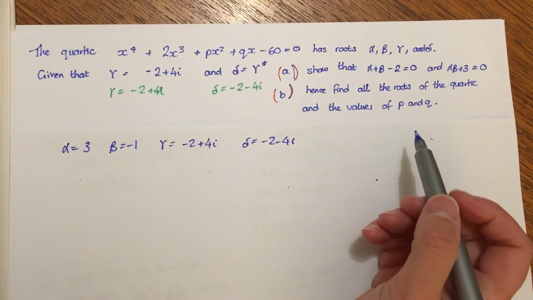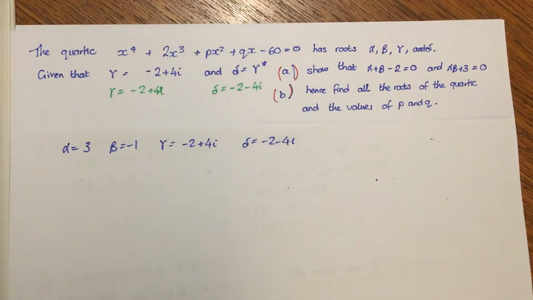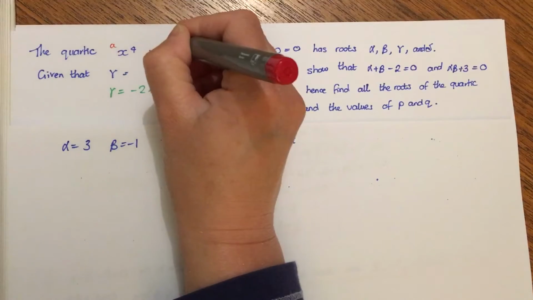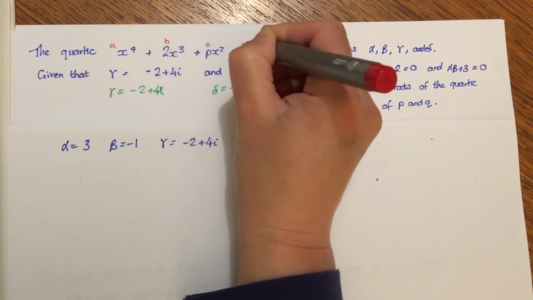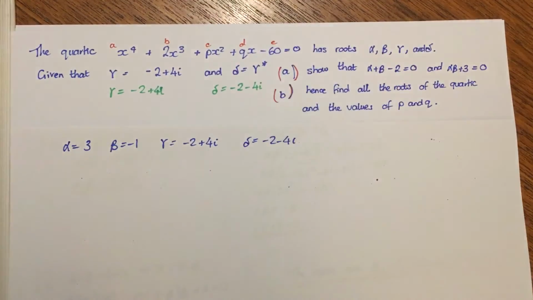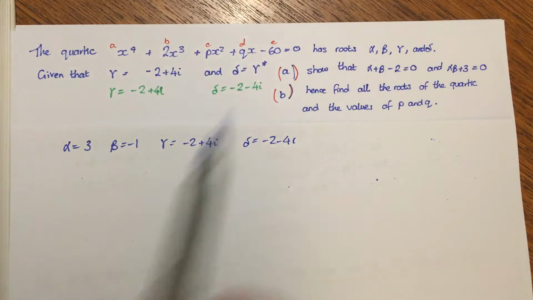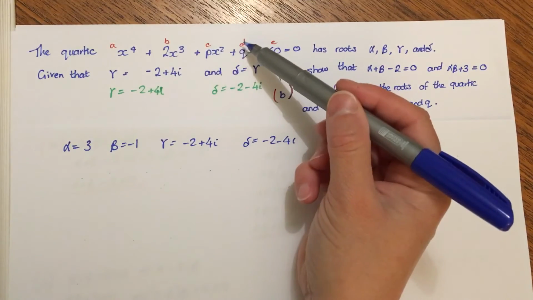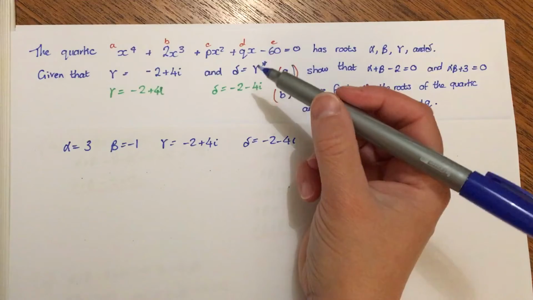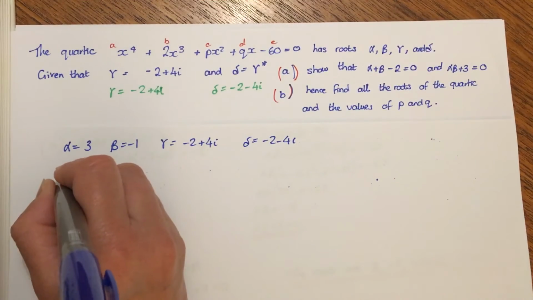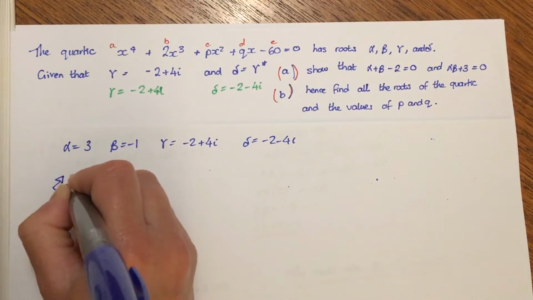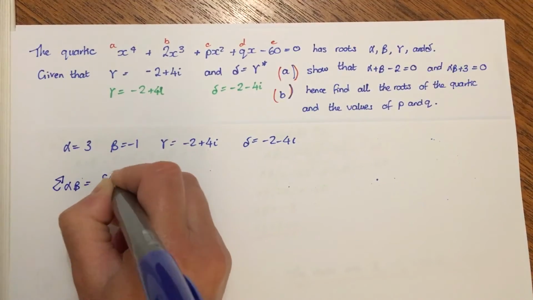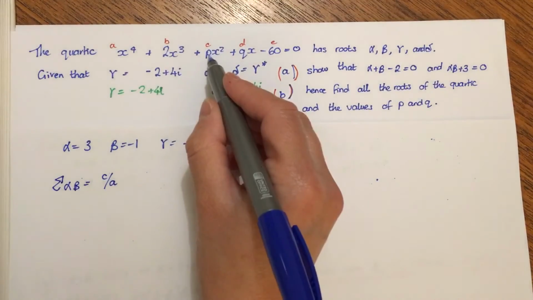It wants us to find the values of P and Q. So if we think back to our identities, that's A, B, C, D, and E. If we want P and Q, we want identities that involve C and D. So we know that the sum of the alpha betas is C over A. So I'm going to use that one to find P.